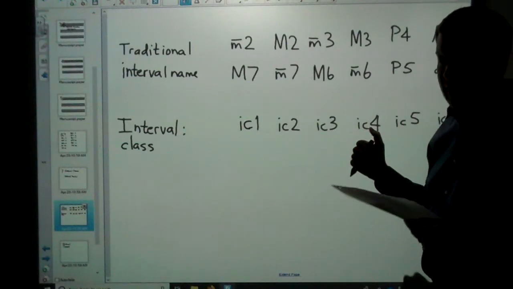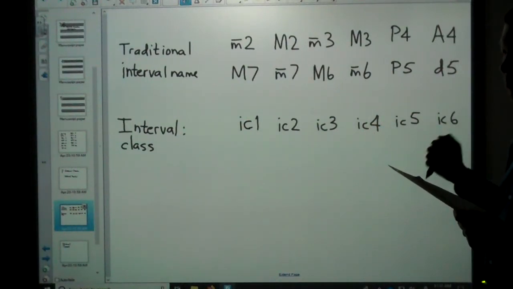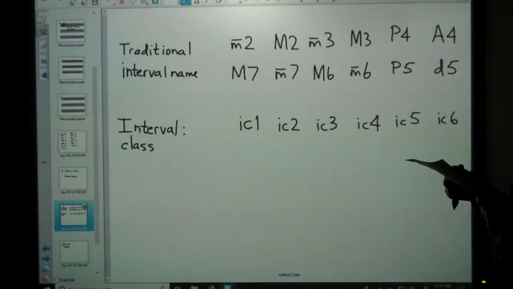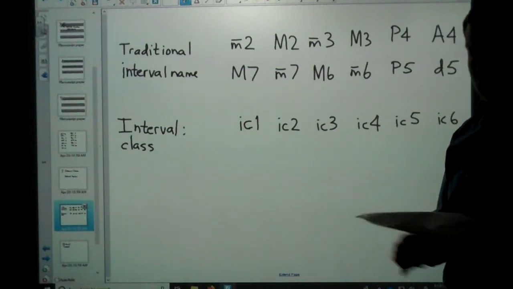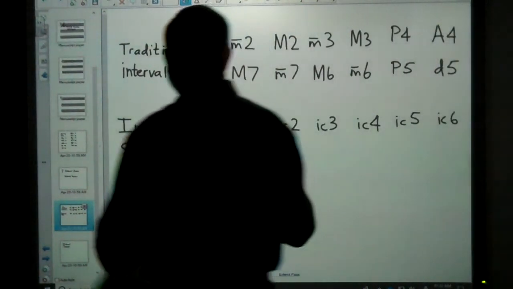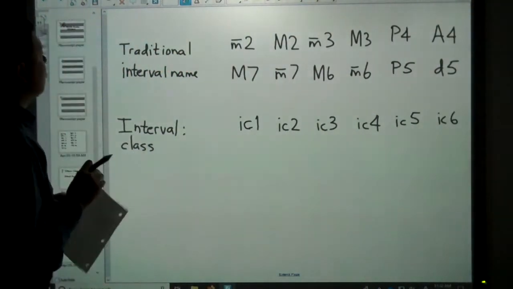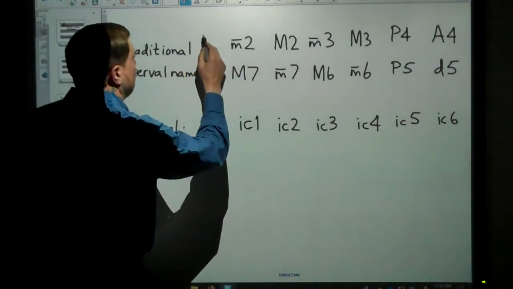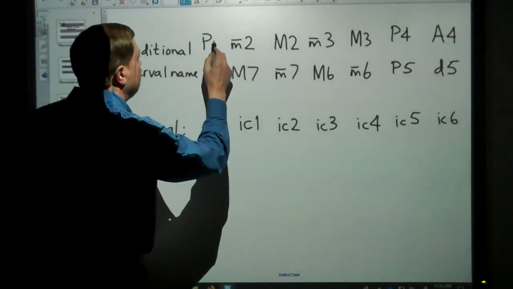But before I leave this table, there is technically one more interval class, and that interval class is for the intervals the perfect unison and the perfect octave. I guess technically I can write that over here.